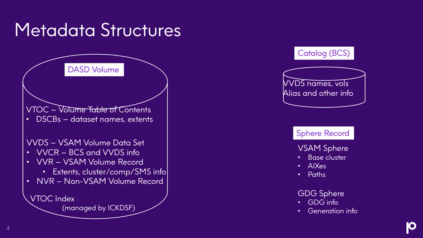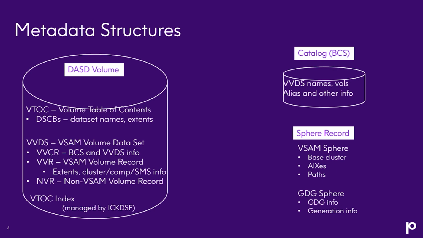What are its extents? What are its physical locations in the volume? And then finally, there's a VTOC index that is just what it sounds like. It's an index into the VTOC, but that's unrelated to IDCAMS. That's actually managed by a separate system programmer utility called ICKDSF, or device support facilities.